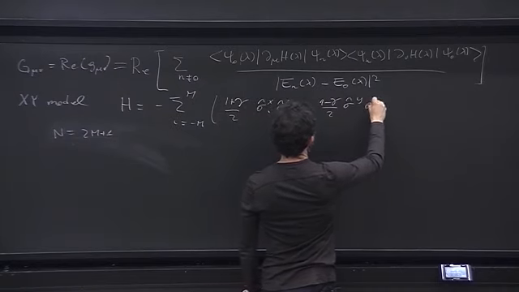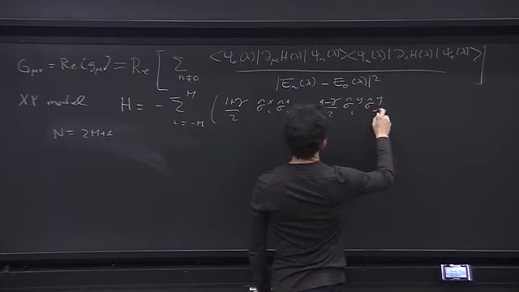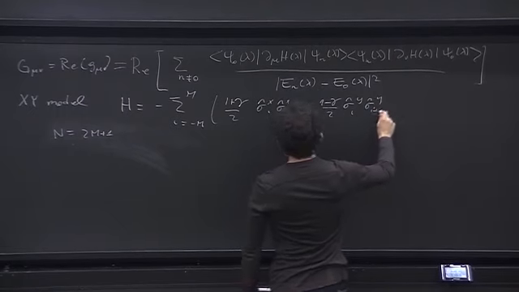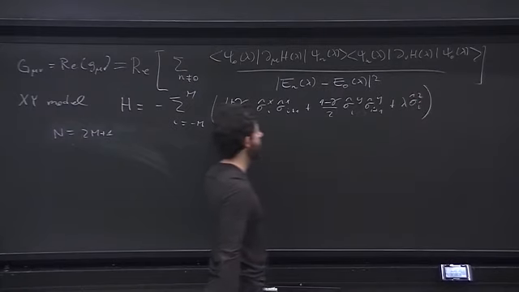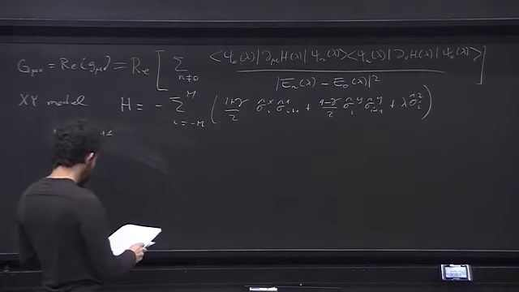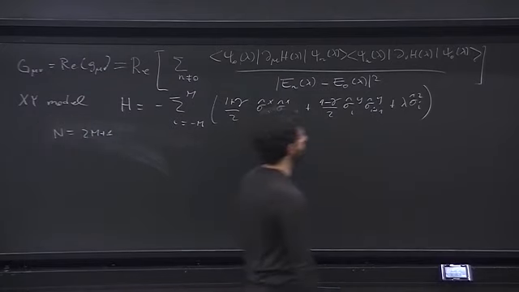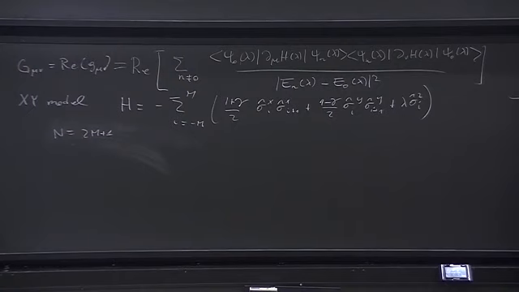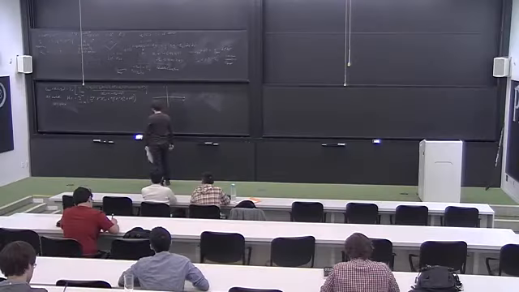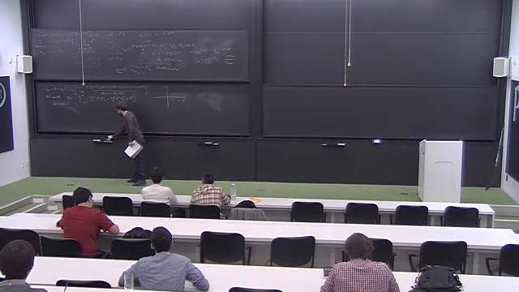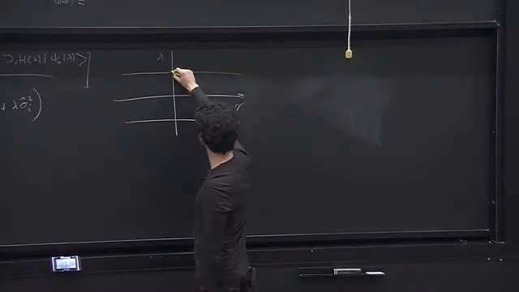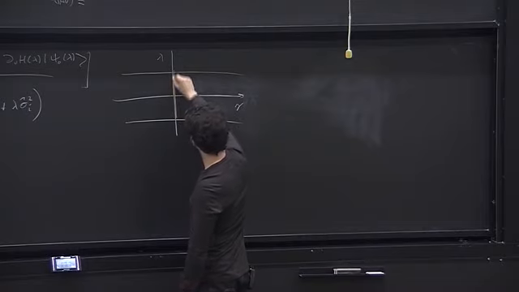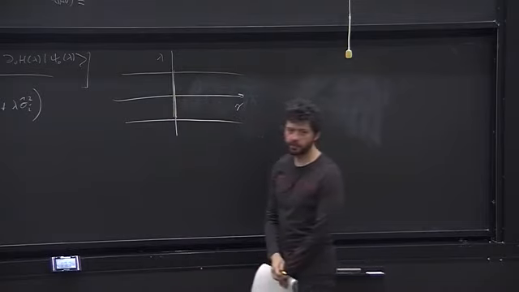This is the Ising coupling in the y direction, lambda sigma z. So you remember that the phase diagram is the following. If this is lambda and gamma, lambda equal plus 1 is a critical line, lambda equal minus 1 is a critical line, and gamma equal 0 for lambda smaller than 1 is also a critical line.